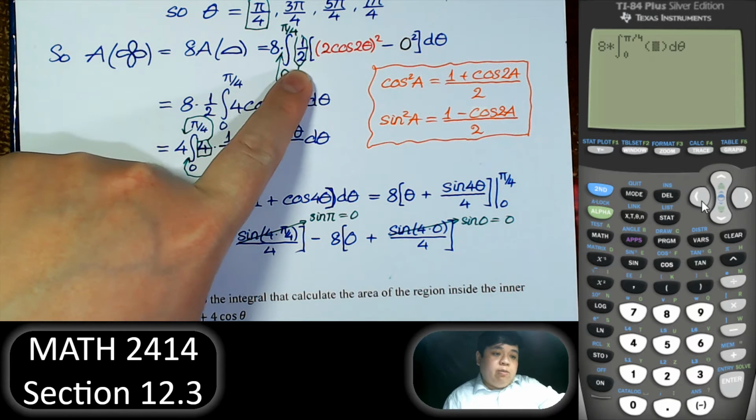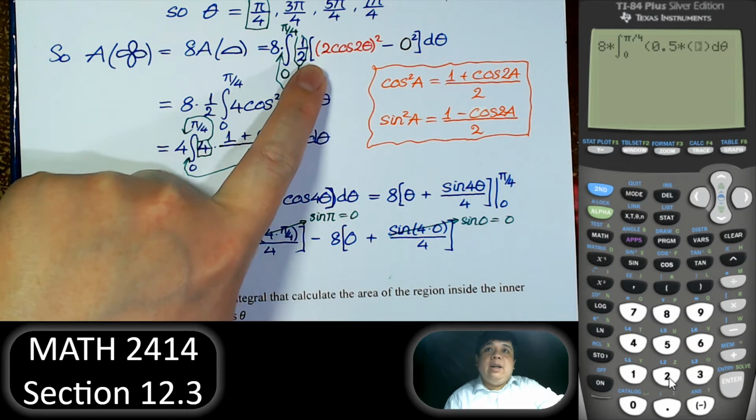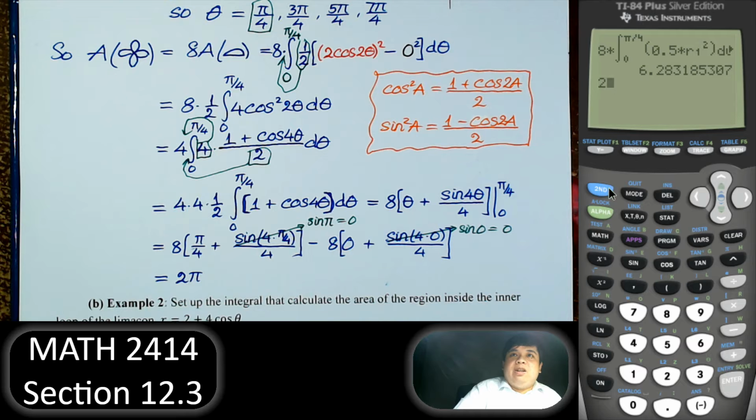Now inside we have 1/2, 0.5 times 2 cosine 2 theta square. Actually, we can enter it as y1 and just use y1 square if you want to. Yeah, pretty much that. Yeah, that is 2 times pi, definitely.